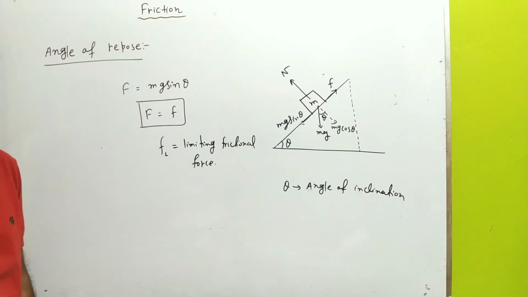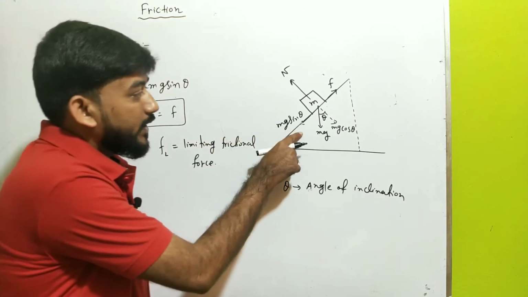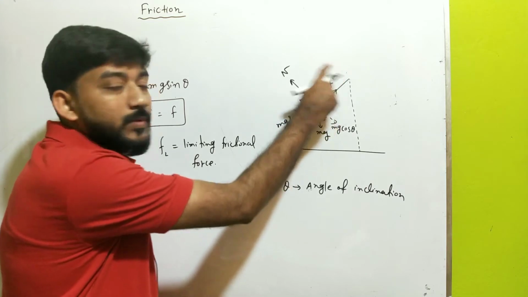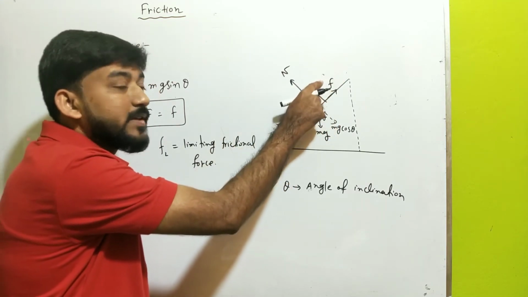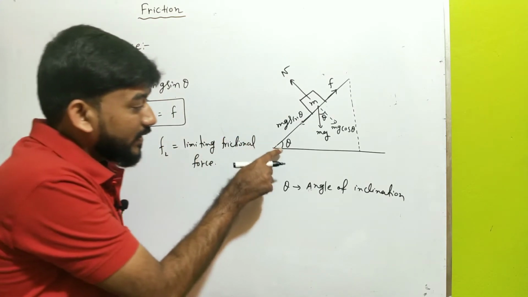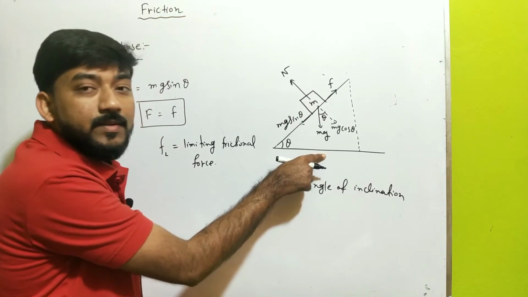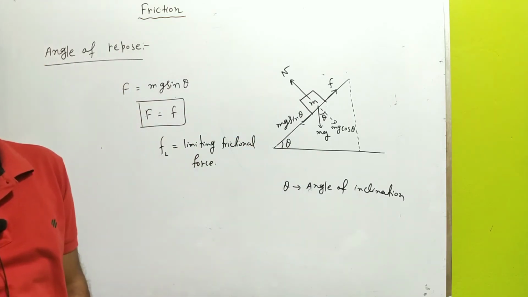Now you have to be very serious about this point: as soon as the frictional force reaches its maximum value FL, the angle of inclination made by this inclined plane to the surface is called the angle of repose.